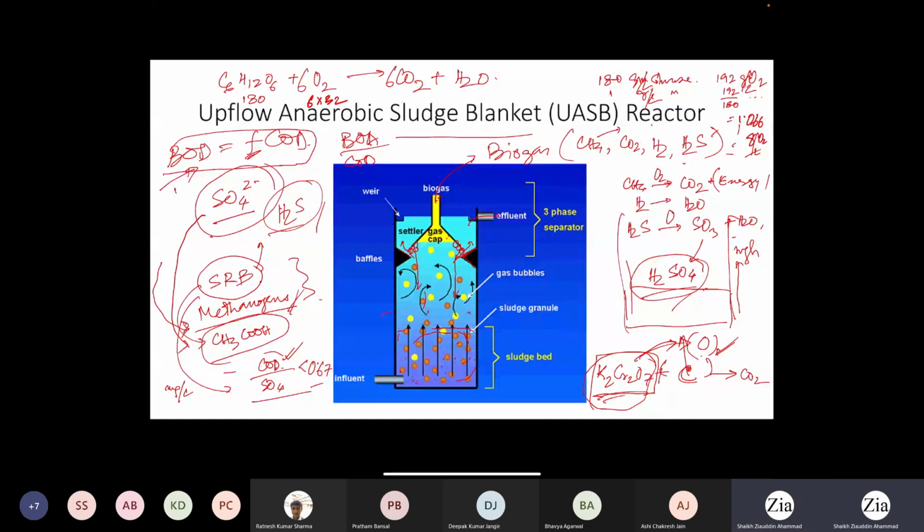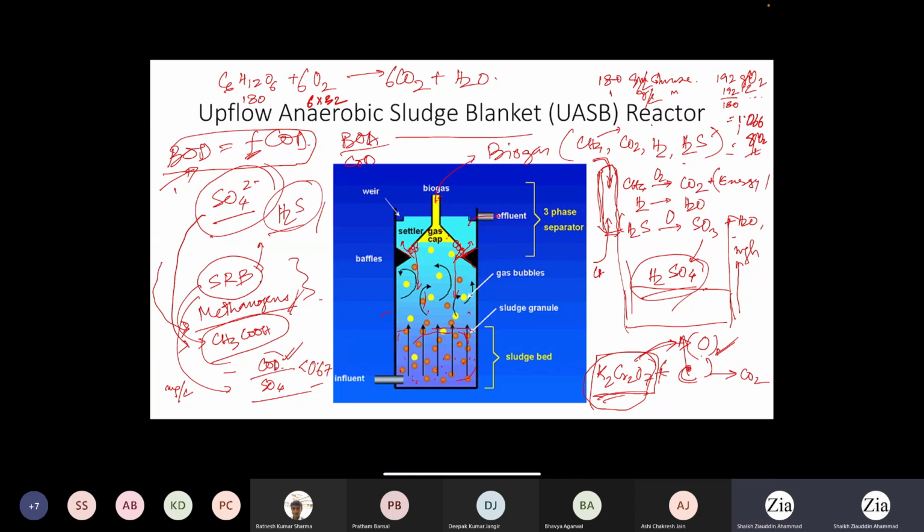So you can have a scrubbing unit or scrubbing tower where you can have chemical, so alkali solution flowing from the top, and gas will move up. Whenever this gas and liquid come in contact, this H2S will get used up by this alkali solution, and then finally you will get clean gases.